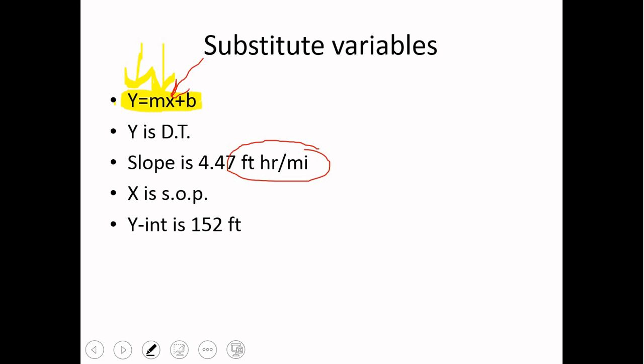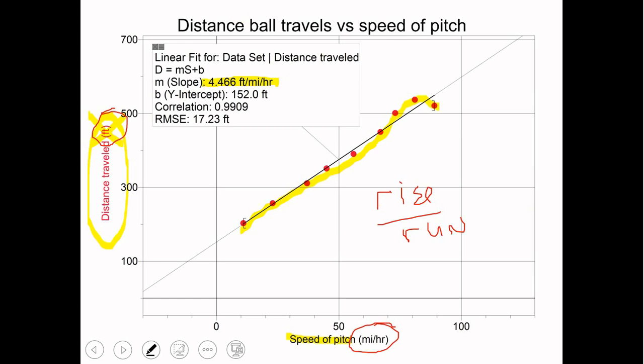Okay, and then the y-intercept, again, 152 feet. Now where I got that from is from Logger Pro. Now you'll have to manually find that on, I think, worksheet 2 before we do the tutorials. So don't be confused by that. Again, you've done that in math before, and then the y-intercept, of course, is right here, 152 feet. Notice I keep the units on that one.